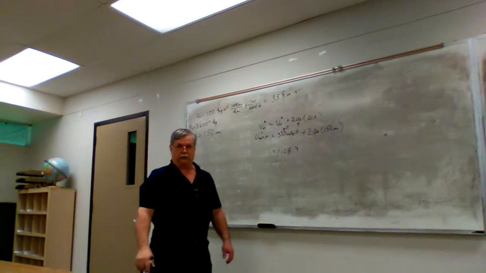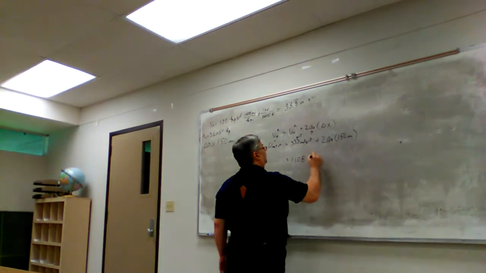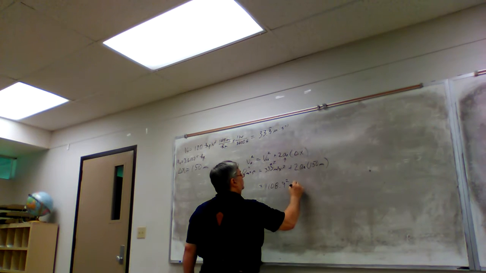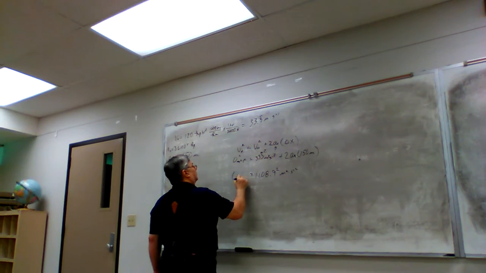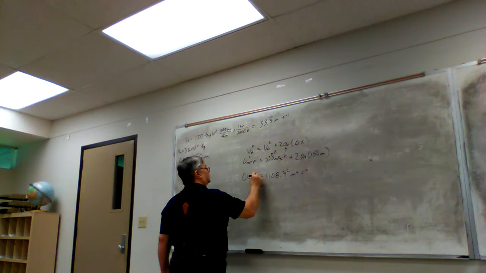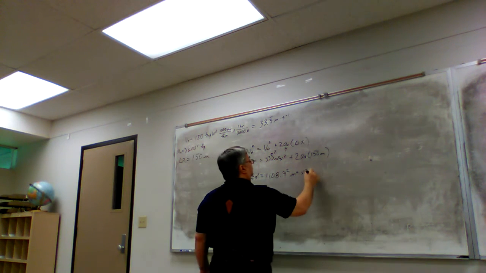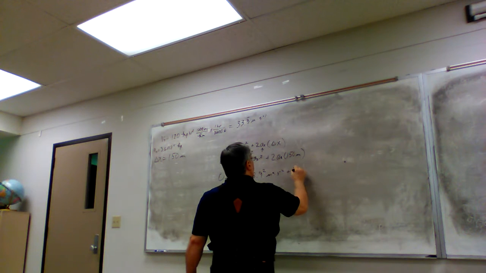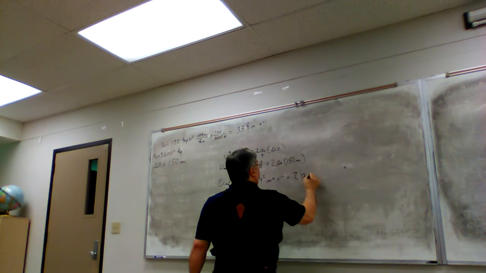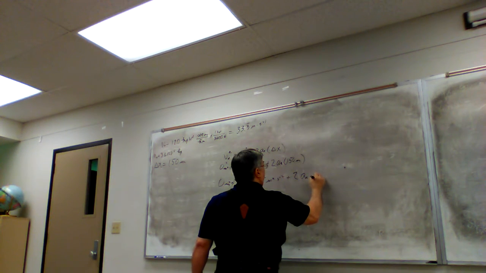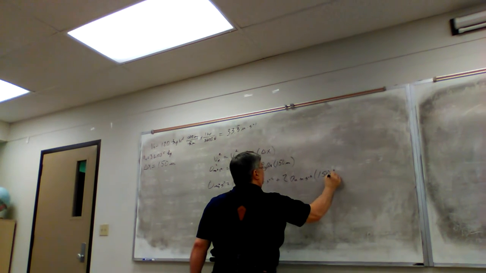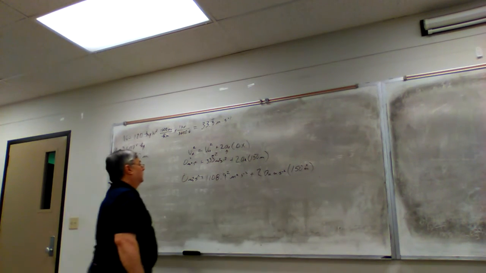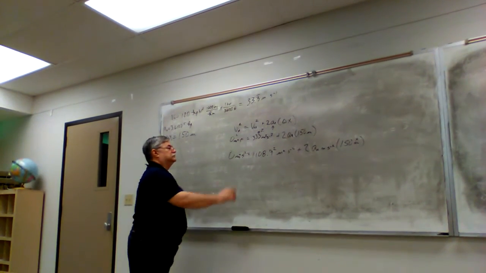Round that to 1108.9, close enough for now, meters squared per second squared. It's equal to 0 meters squared per second squared, and then we add 2 times a sub x, which is meters per second squared, times 150 meters. Now all we've got to do is solve for a sub x.